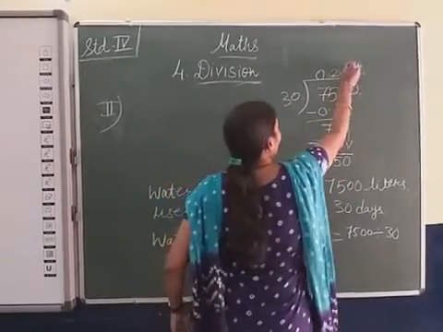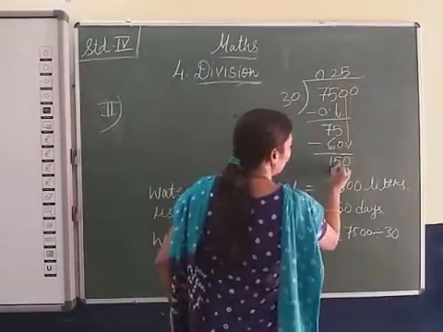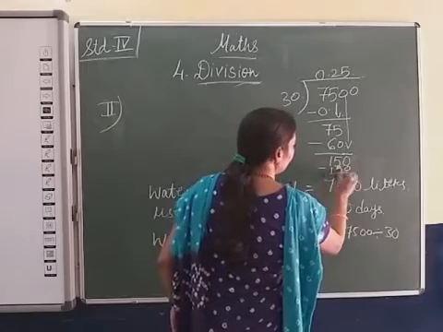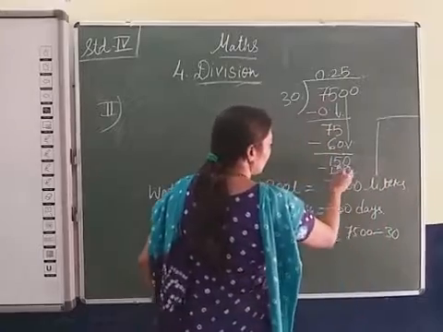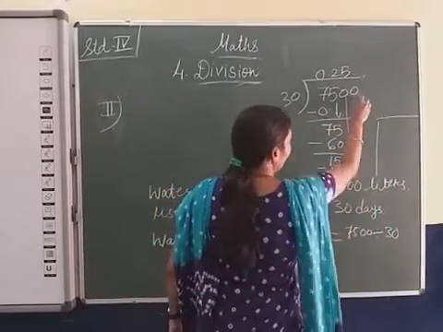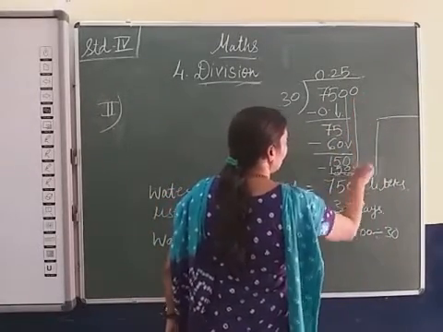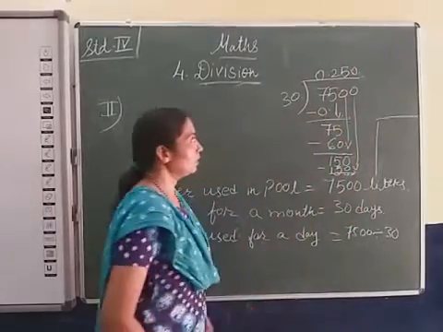Now 30 5s are 150, yes. I continue here with 0, 0, and this 0 will come, we put here 0, understood?